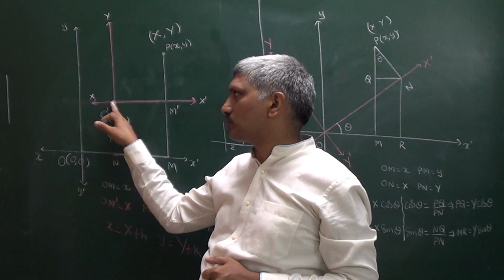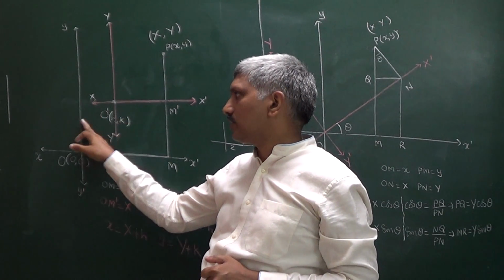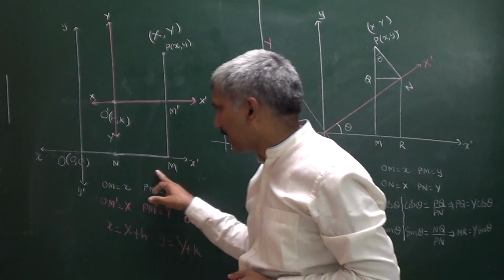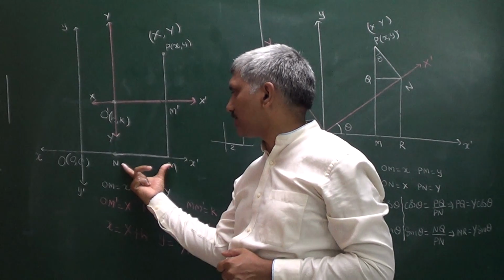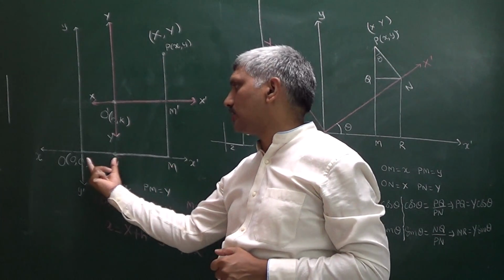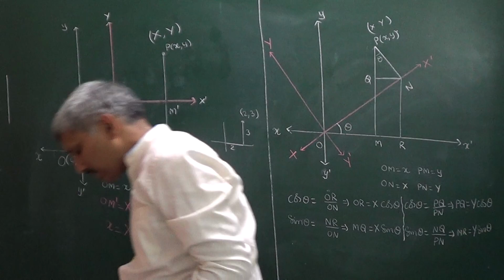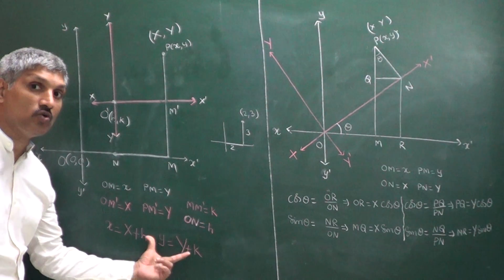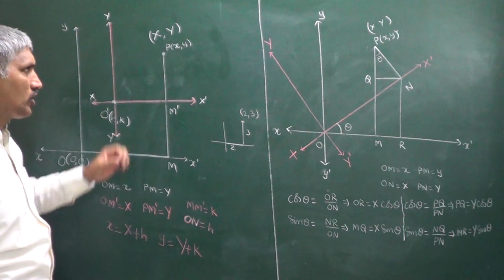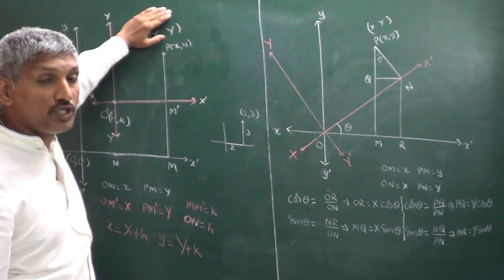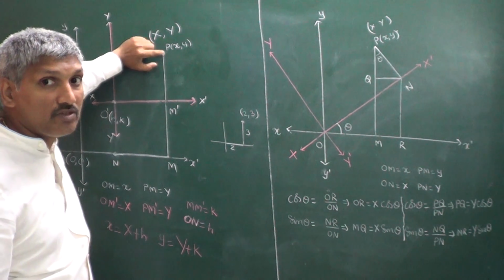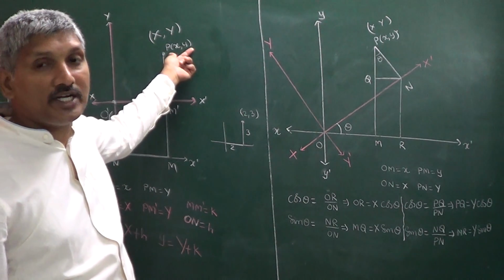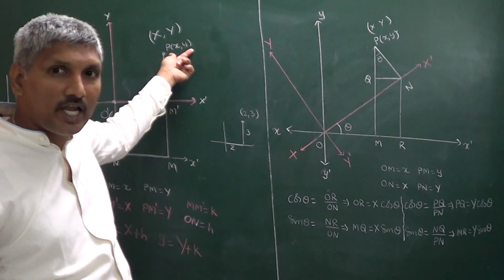So x we can write as capital X plus h. That is the reason we got x is equal to X plus h, y is equal to Y plus k. So capital X and capital Y are the position coordinates of the same point with respect to the new axis. Small x comma small y are the coordinates of the point with respect to the original axis.